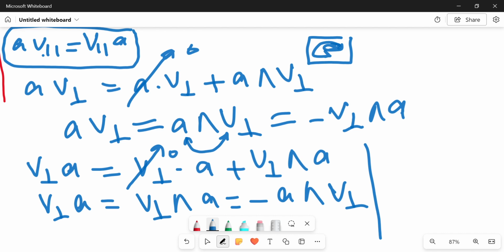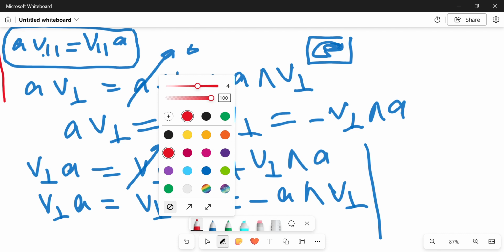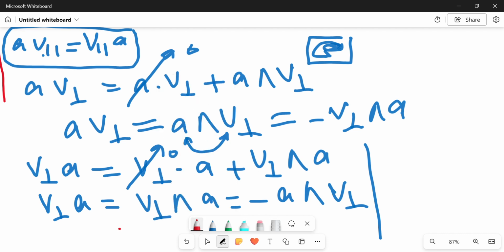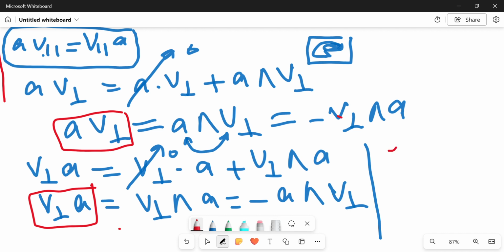So we have these two: V perpendicular A and A V perpendicular. Look, A V perpendicular is minus V A. Here it is V A. So one is the negative of the other. The order is important: V perpendicular wedge A is positive here, negative there.